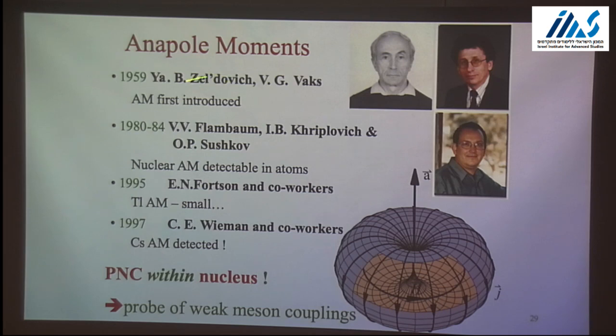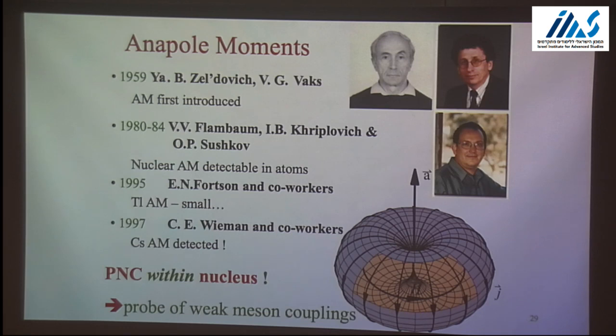But people didn't know how to measure it experimentally, and the recipe for measuring it experimentally was formulated in the 80s by Iosif Khriplovich and his students then, Oleg Sushkov and Victor Flambaum. And what they said is, well, all you need to do is to measure parity violation in an isotope with non-zero nuclear spin and compare the parity violation effect on different hyperfine components.